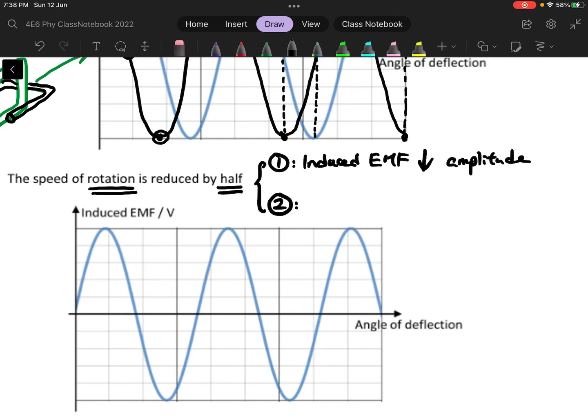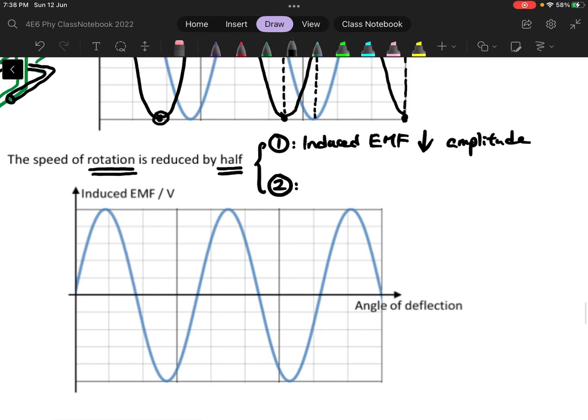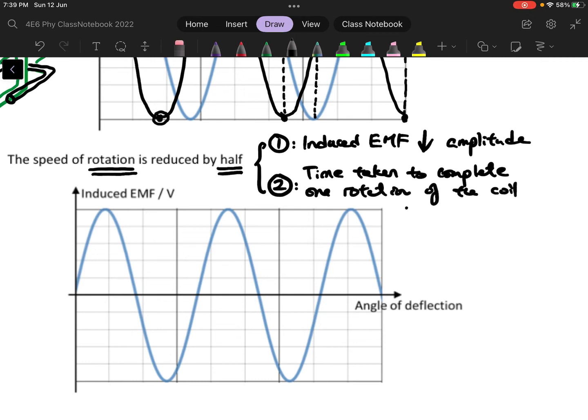The other effect of rotating it slower is that the time taken to complete one rotation of the coil will now be longer.